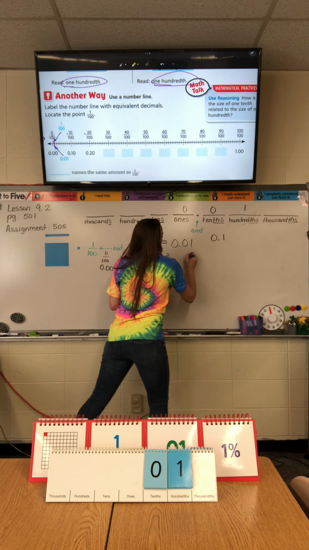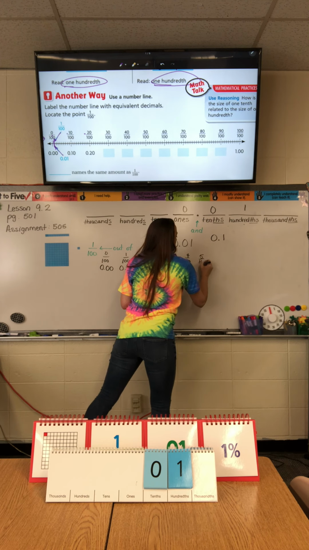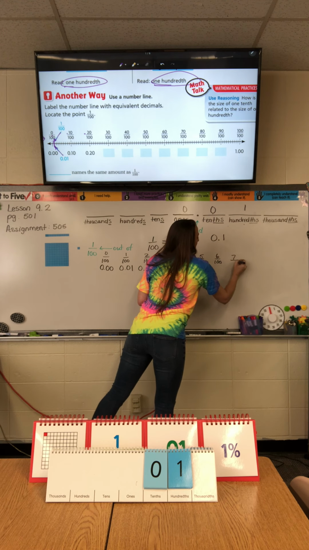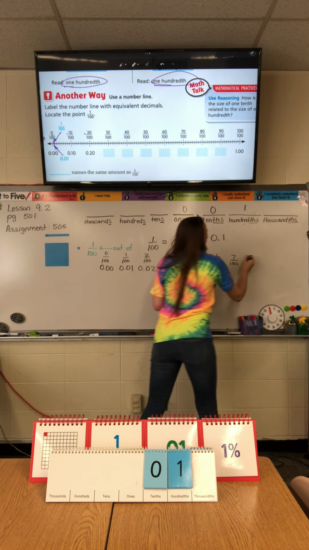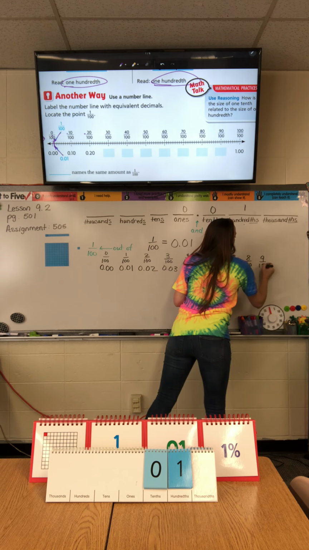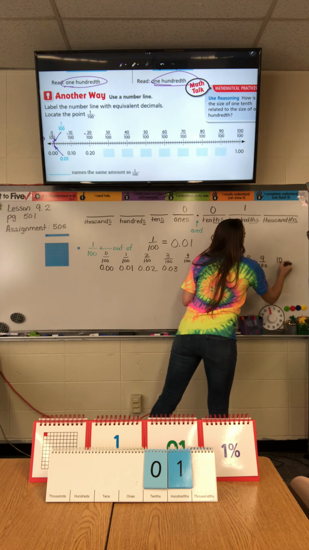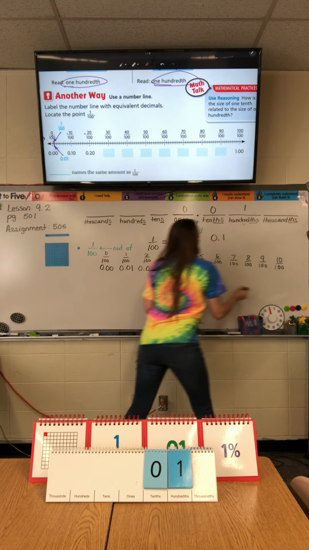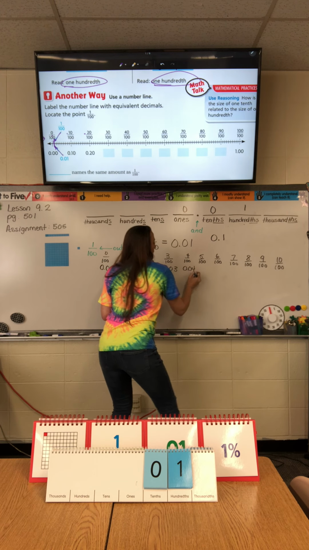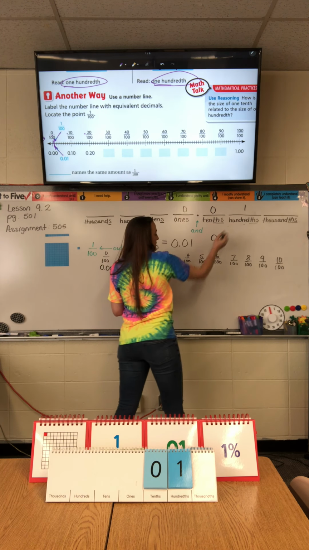And then 4 hundredths, 5 hundredths, 6 hundredths, 7 hundredths, 8 hundredths, 9 hundredths, and 10 hundredths. So let's look for a second and go 0.04 is a 4 in the hundredths place.